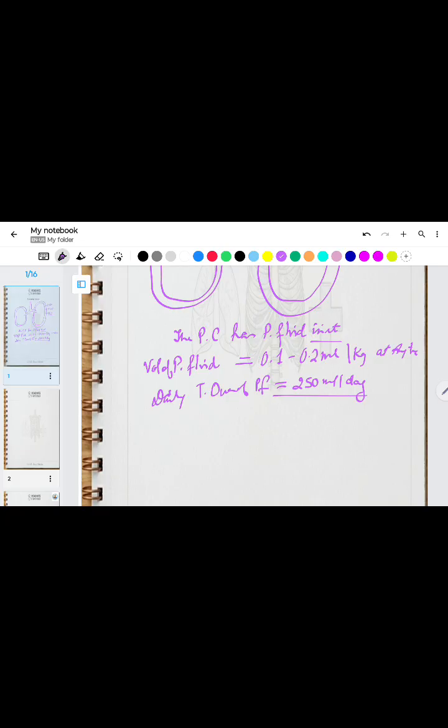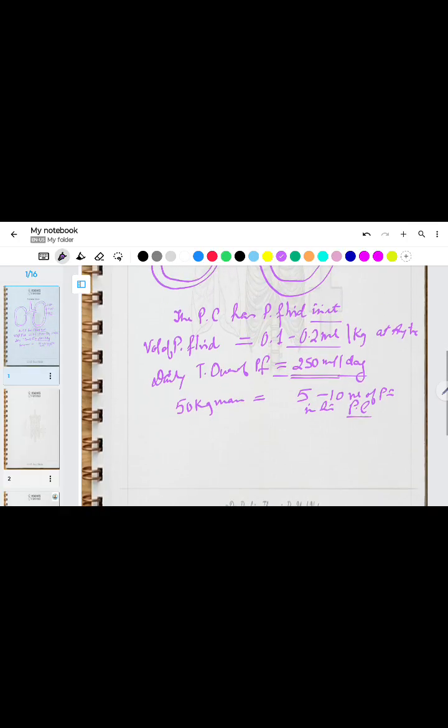So the daily turnover is about 250 ml per day and volume of pleural fluid at any time is 0.1 to 0.2 ml per kg body weight. Suppose there is a 50 kg man. Okay, so he will have approximately 5 to 10 ml of pleural fluid in his pleural cavity.